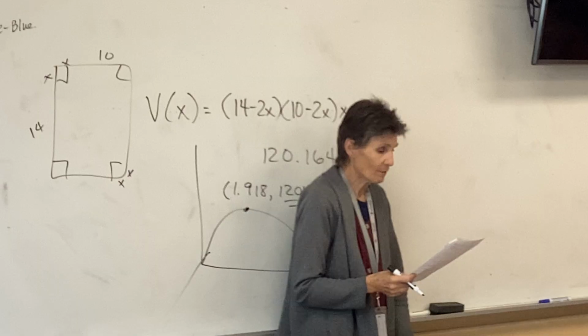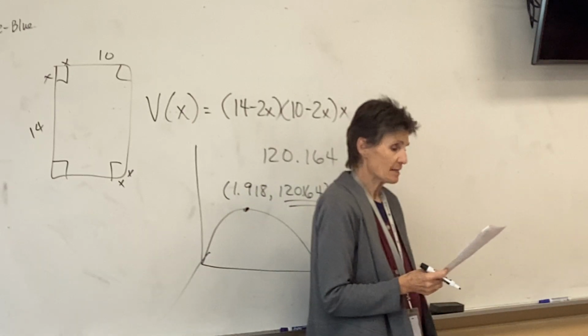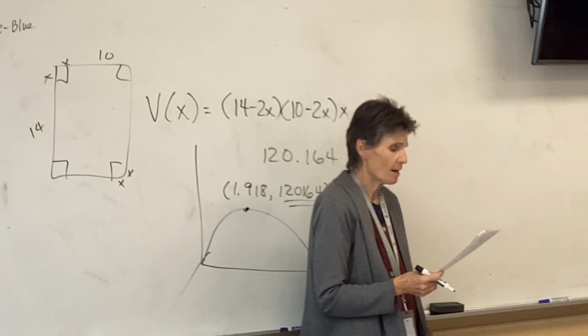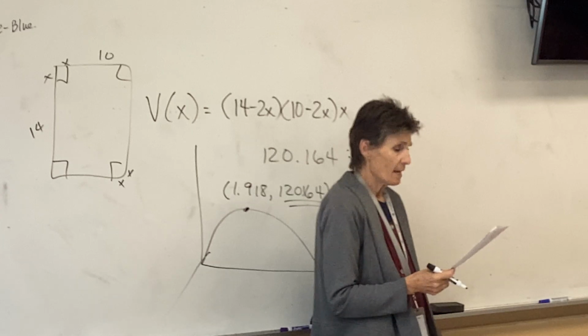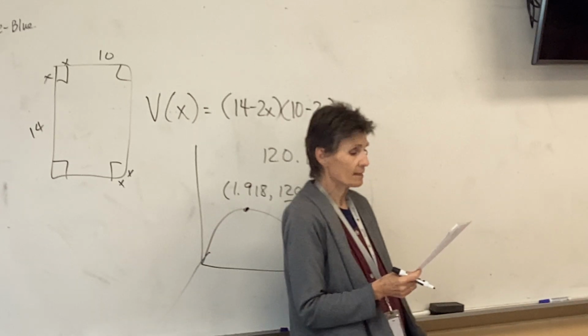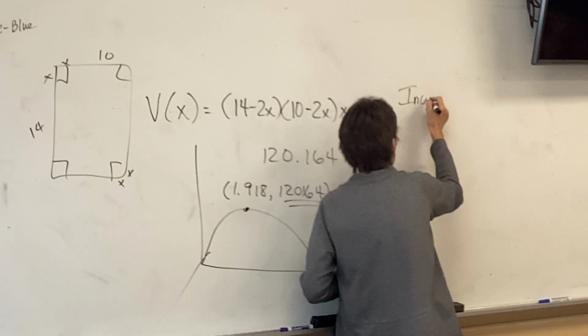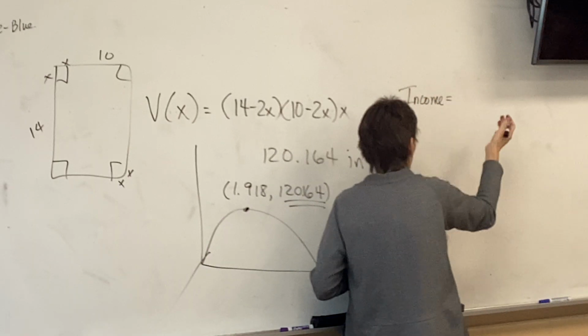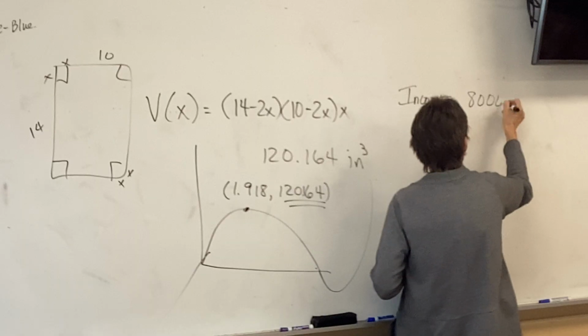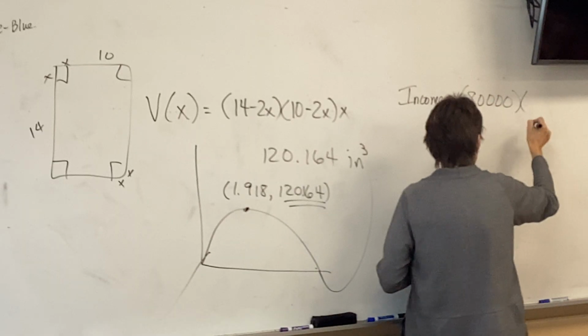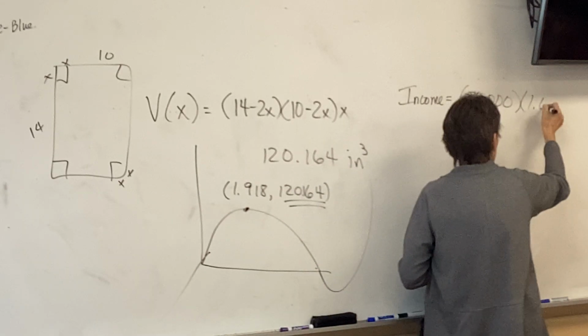The publisher of a magazine has a circulation of 80,000 and sells for $1.60 a copy. So right now, if you are that guy, you're selling 80,000 magazines for $1.60 each.